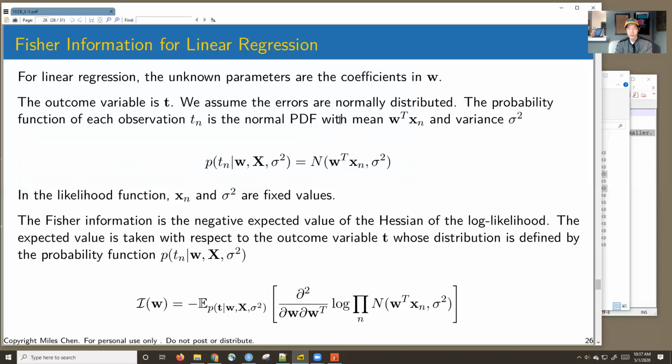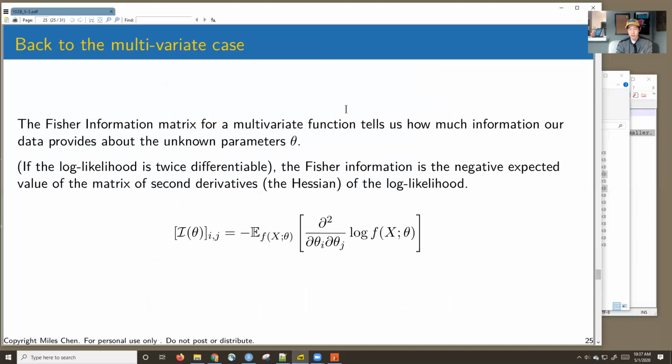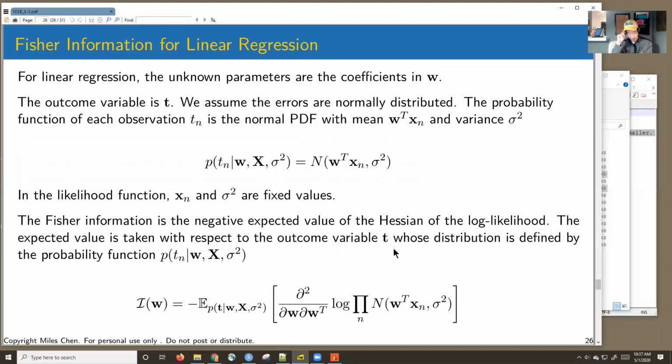Keep in mind that in all of these things we've been talking about the expected value of x. But for linear regression, x is not the random variable. The random variable is t, or y, or whatever you want to call it. It's the outcome variable in linear regression.